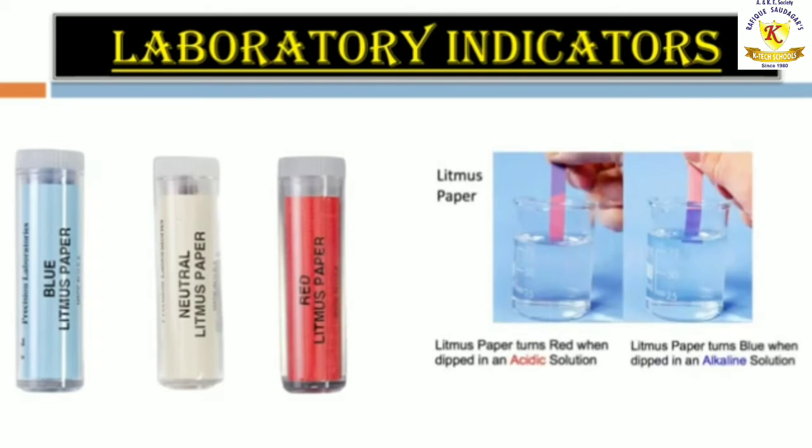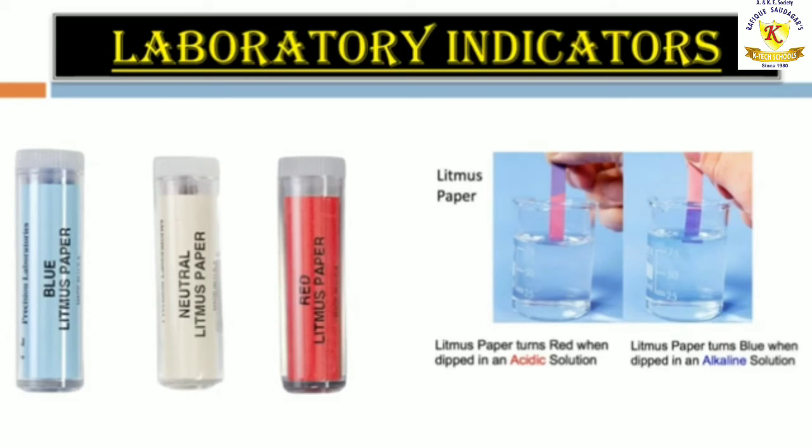Now, blue litmus paper turns red on dipping in acid. That means litmus paper turns red when dipped in an acidic solution. Similarly, litmus paper turns blue when dipped in an alkaline solution.